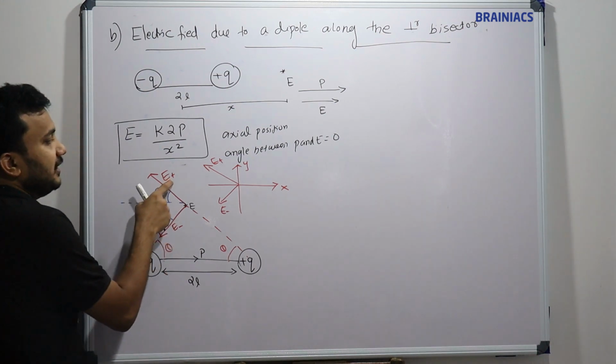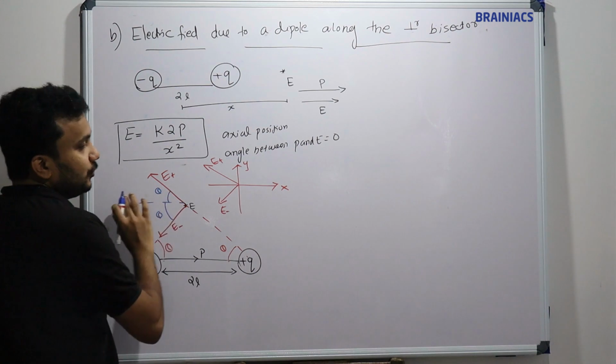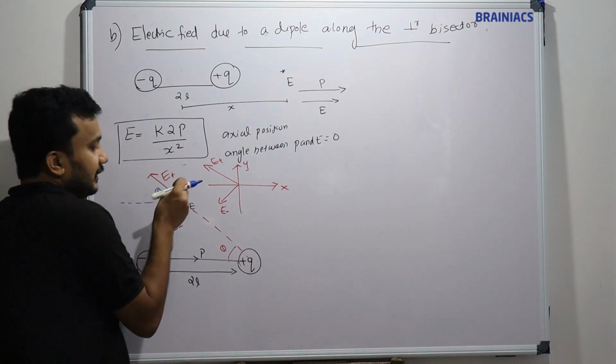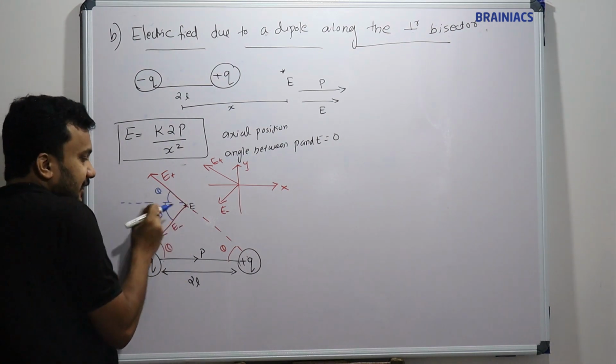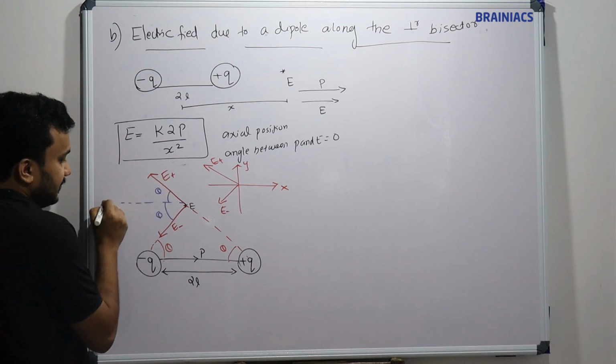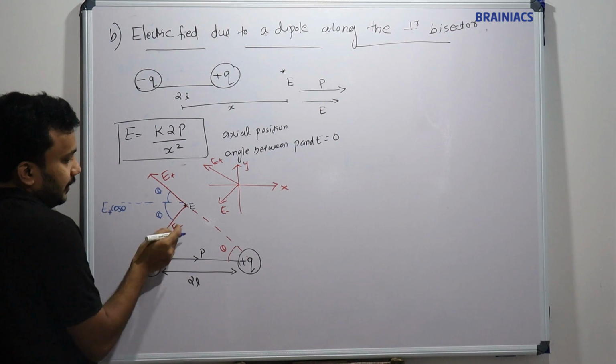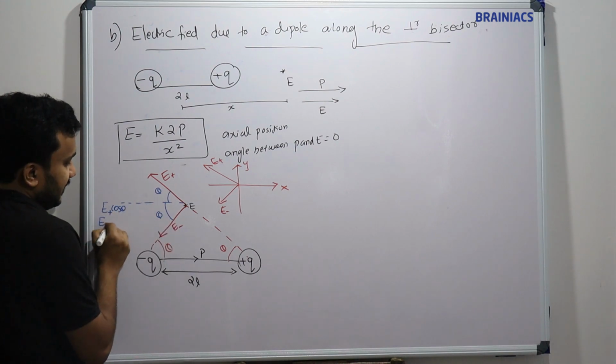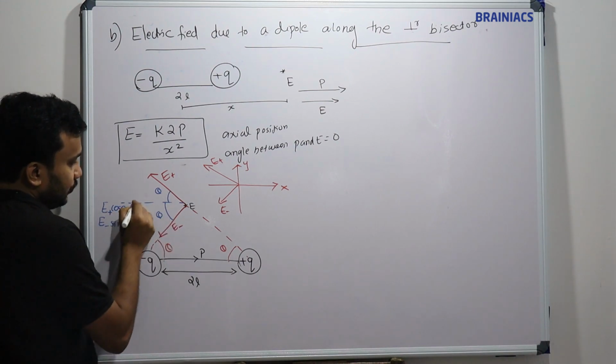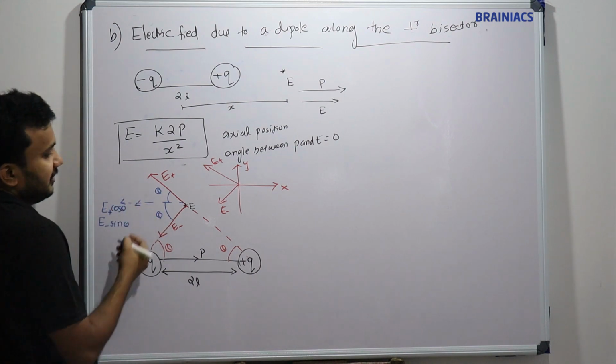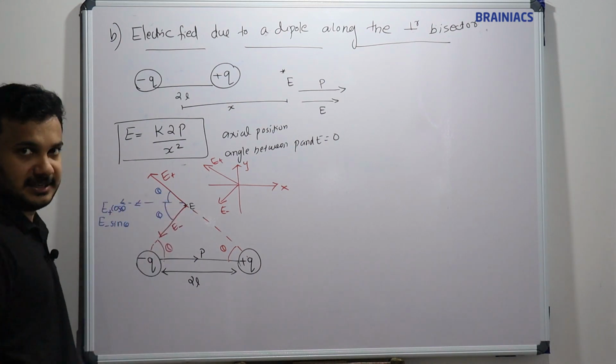Okay. Now I am splitting this electric field into two components. The side which is nearer to theta, because of E plus, is called E plus cos theta. Because of E minus, I can say E minus cos theta. So E plus cos theta and E minus cos theta are both directed towards this line.